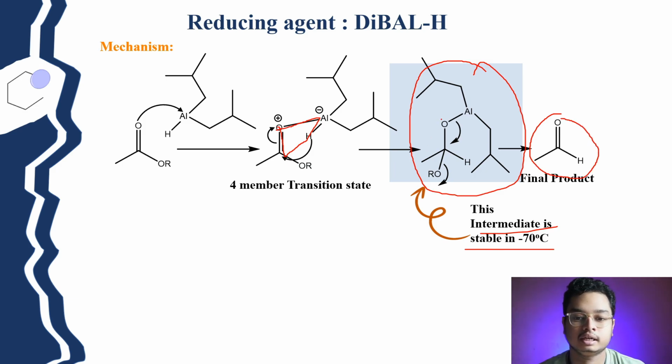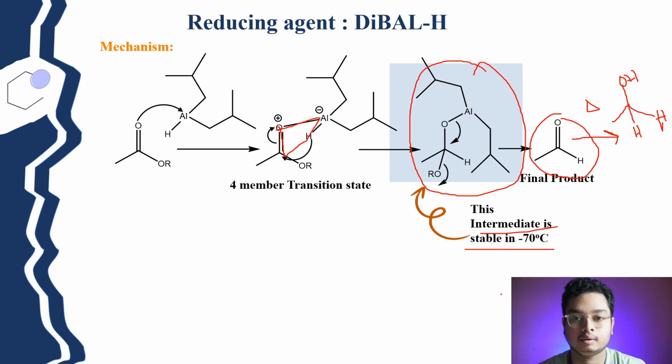But at higher temperature, this intermediate is not that stable. That is why after generating the aldehyde, further reduction takes place, and at high temperature it will generate the corresponding alcohol.